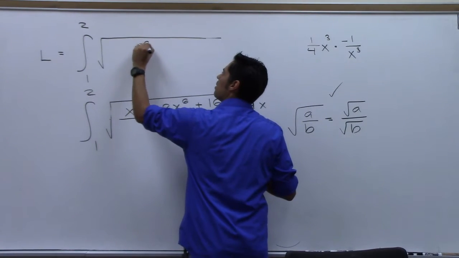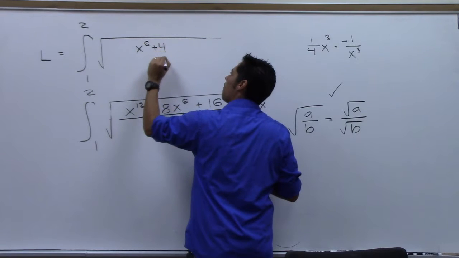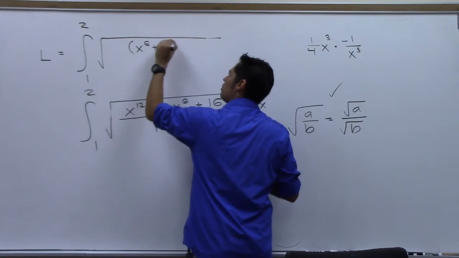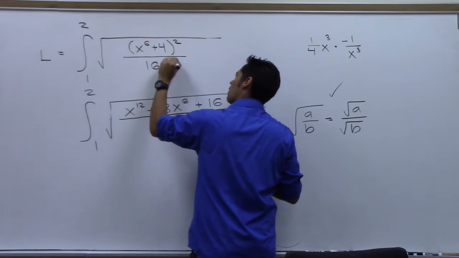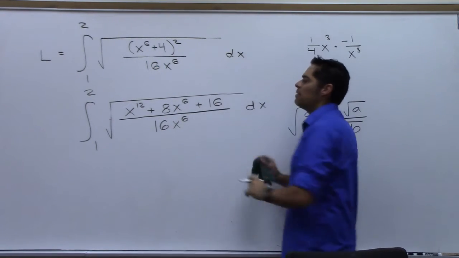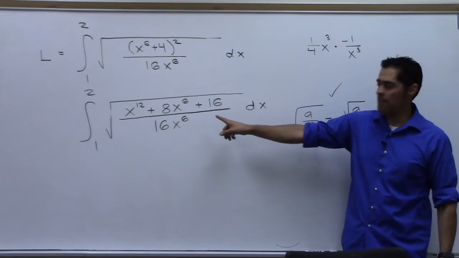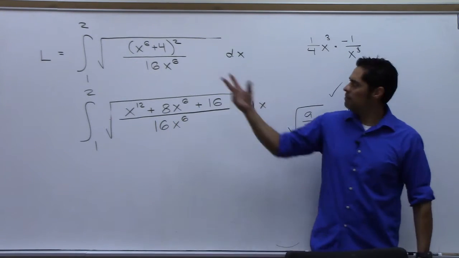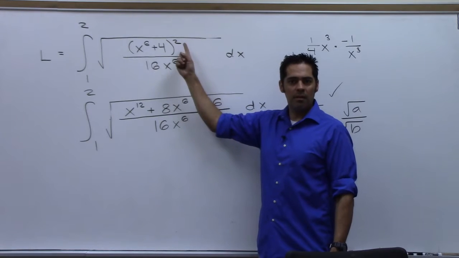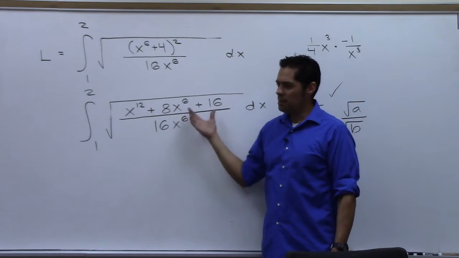x to the 6th plus 4, squared, is what the top is. You have to recognize the top, this trinomial, as a binomial squared. Do y'all see that this is this?